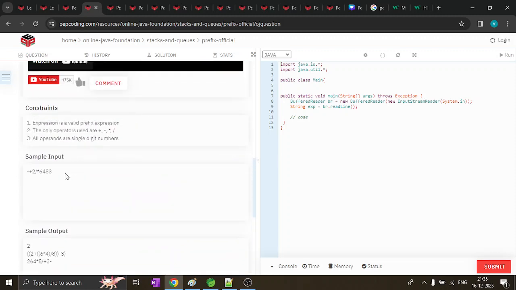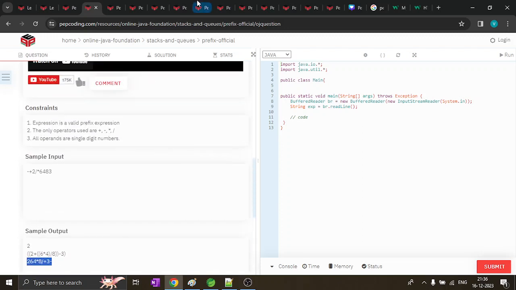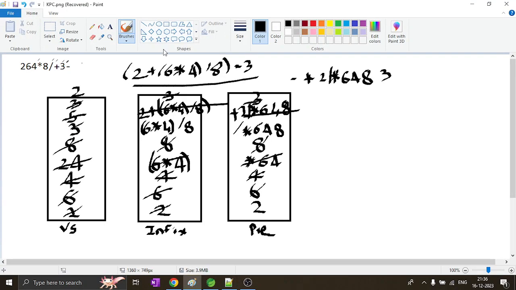So we are given an expression again, and we'll have to evaluate that, convert it into infix, and then convert it into postfix. Yeah, so let's discuss how we can do this. Let me have that expression here.